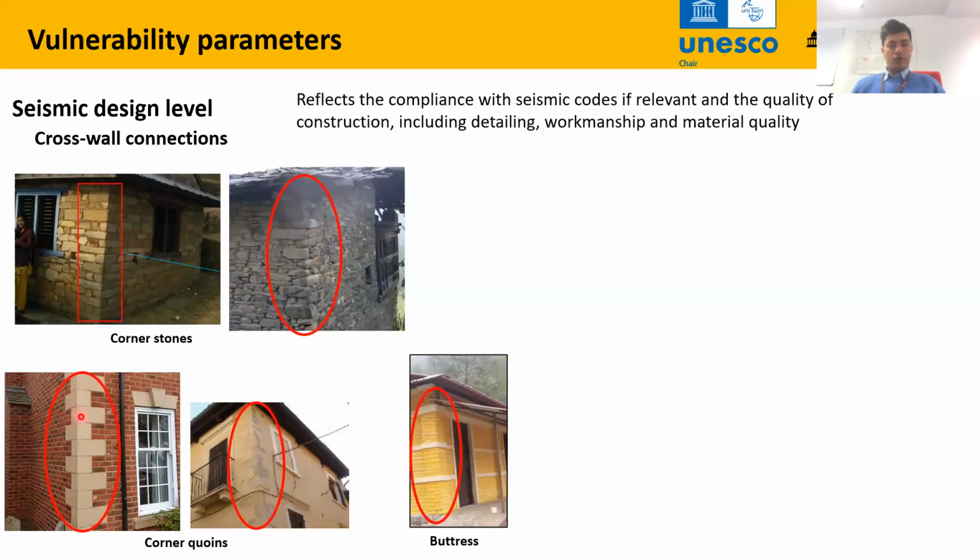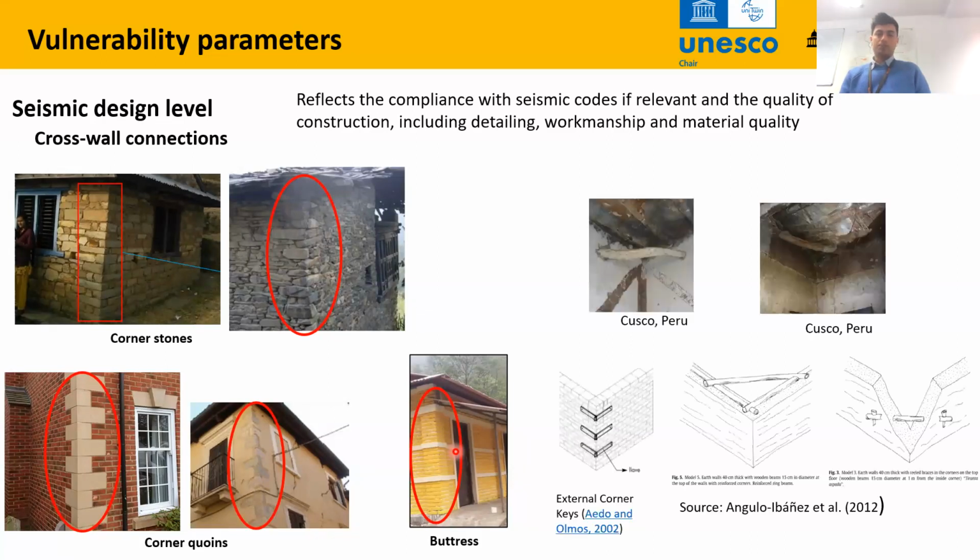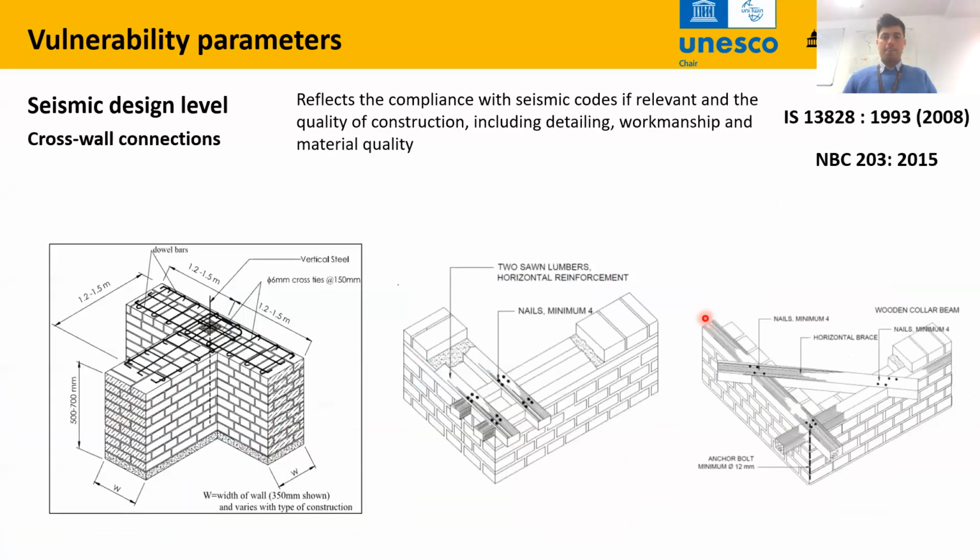We have this corner quoin in brick masonry. Even in stone masonry, we have this, and buttresses can also help increase the stiffness or the connections at the cross wall joints. And traditionally, they have also used timber tying elements at the connections, so as to better connect the 2 cross walls together.